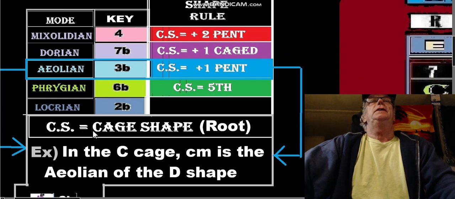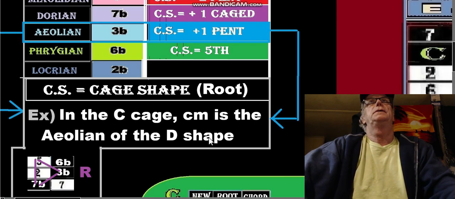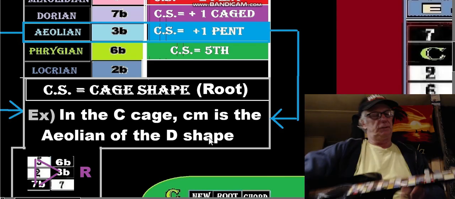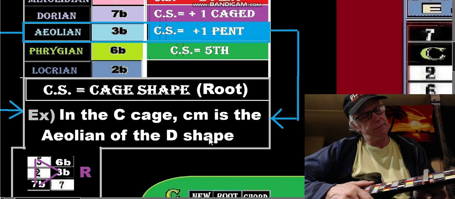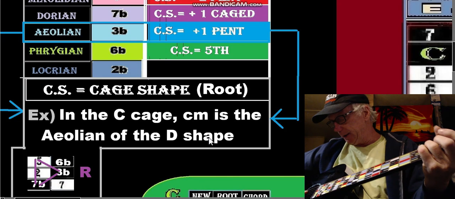So we got an example: in the C cage, C minor is the Aeolian of the D shape. Okay, because the D shape, now we can talk about guitar. C minor, I have a C minor down here, by the way.